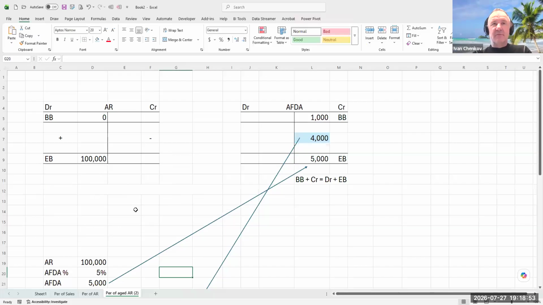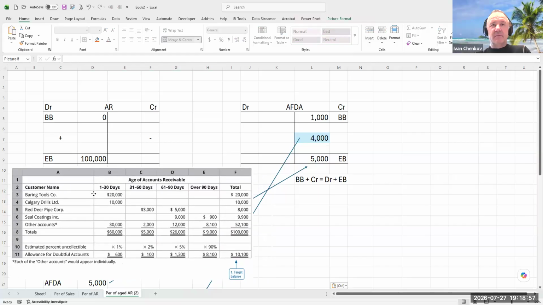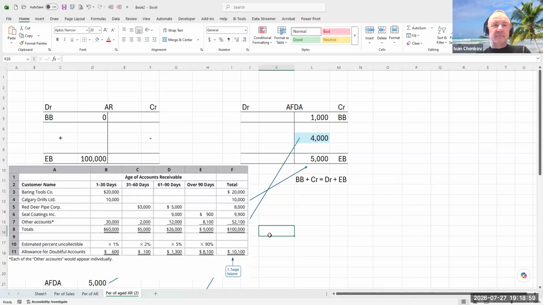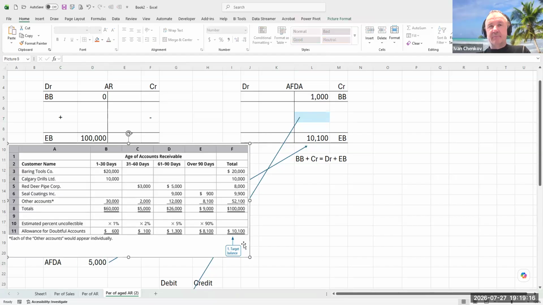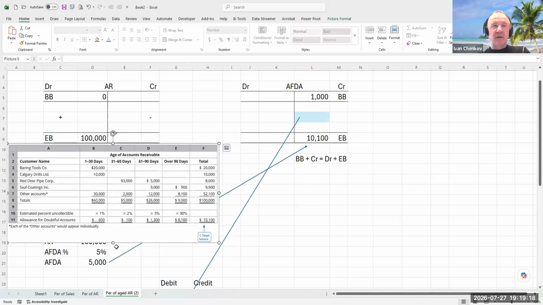So in this case, when we look at the information, we're going to find out that our accounts receivables are actually 10,100. 10,100 is going to be our ending balance. In this case, the accounts receivables themselves are irrelevant.